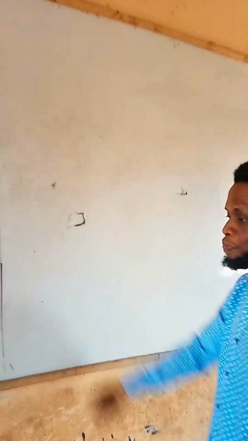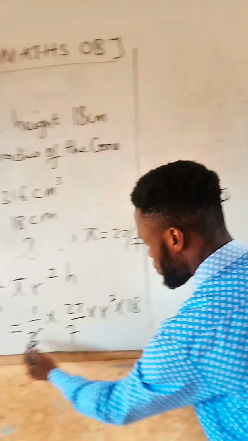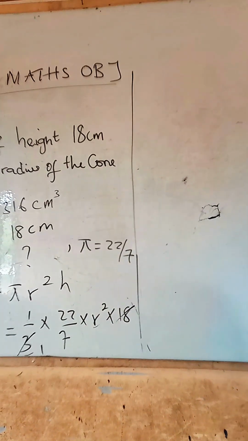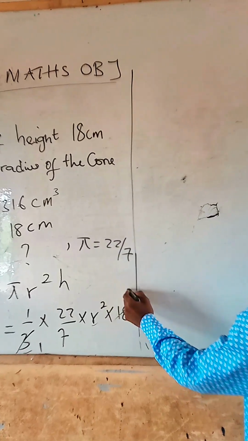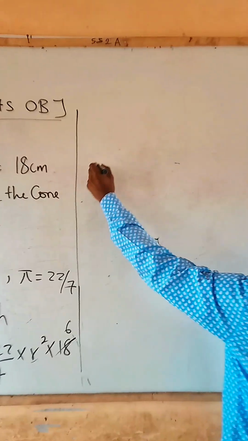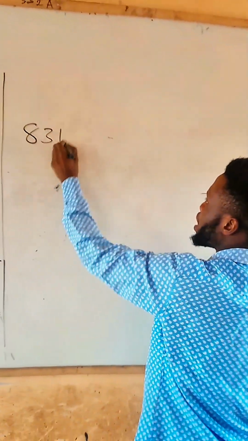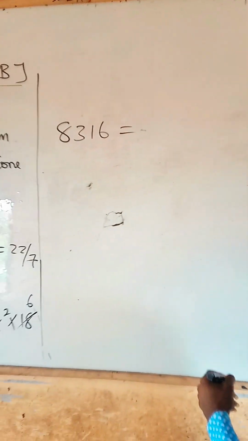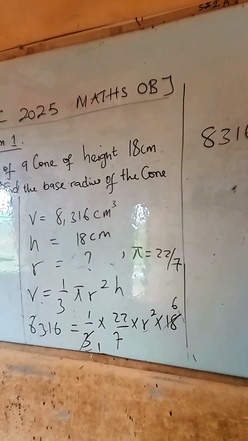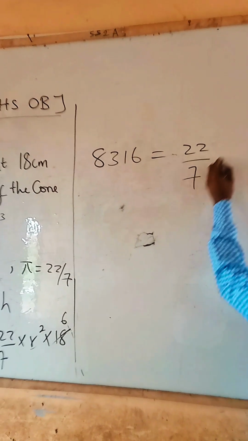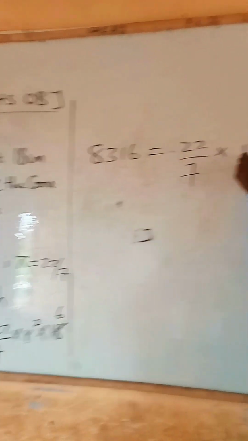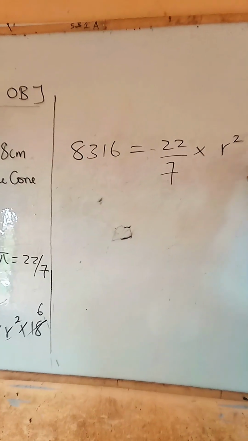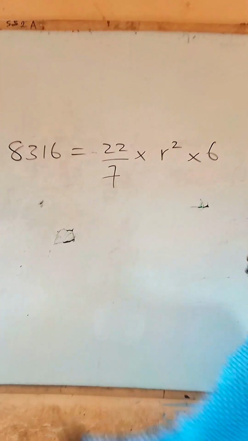So we proceed. 3 here 1, 3 here 6. So here we have 8,316 equals 22 over 7 times r squared times 6.